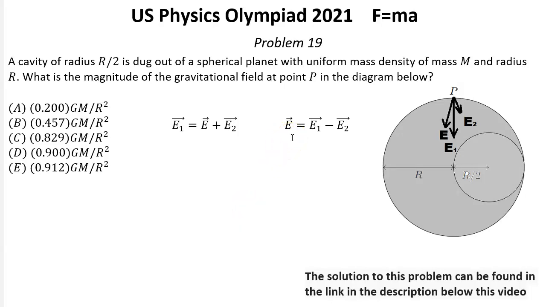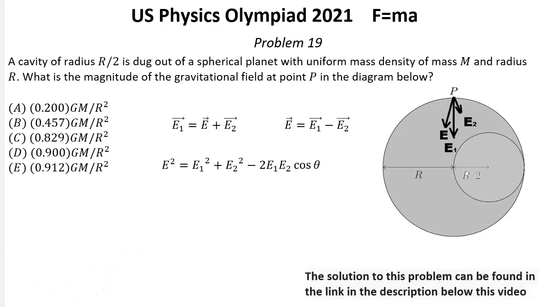figure with the cavity equals vector E1 minus vector E2, or using the cosine form for vectors we have this form, where theta is the angle between vectors E1 and E2.